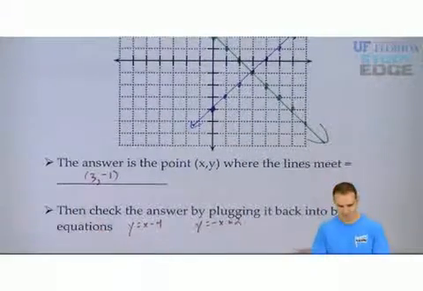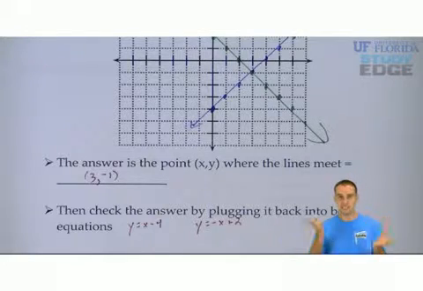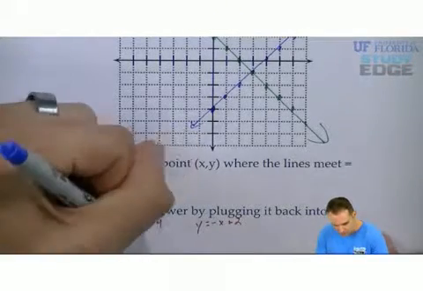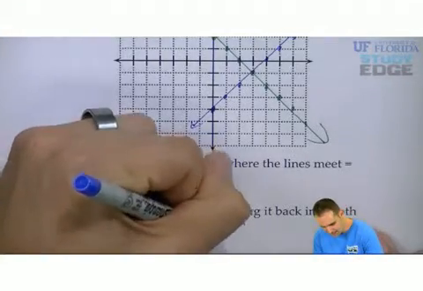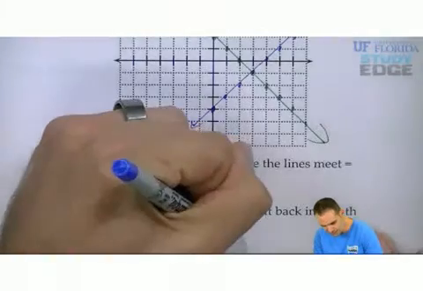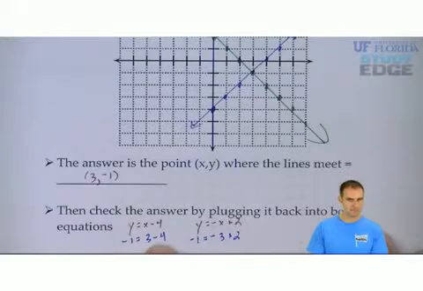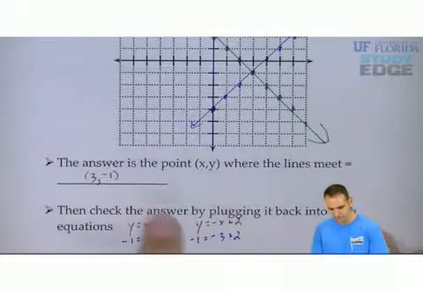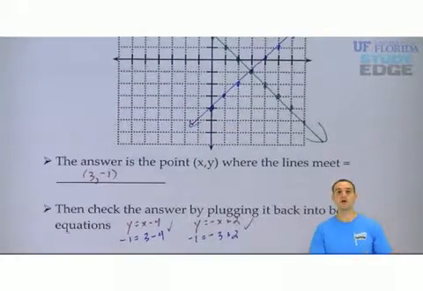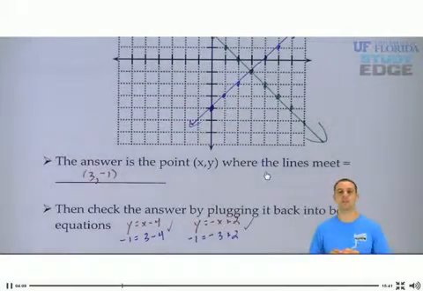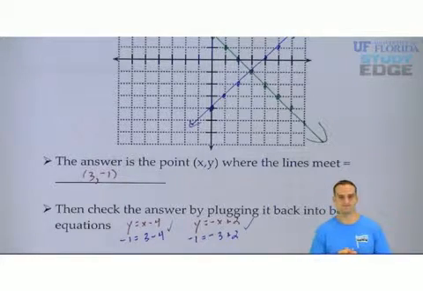Meaning we're going to plug in a 3 for x and a negative 1 for y and see if both sides are equal. For the first, y is negative 1, x is 3, and 3 minus 4 is negative 1. Check. For the second, negative 3 plus 2 is negative 1. So both of them are valid, and they both have to work. Again, they both have to work. So make sure that both work.